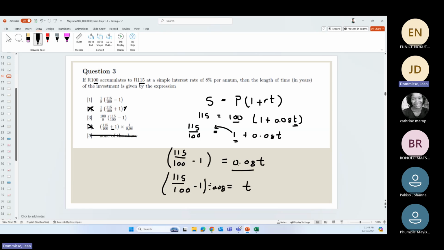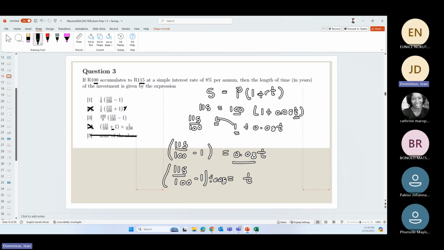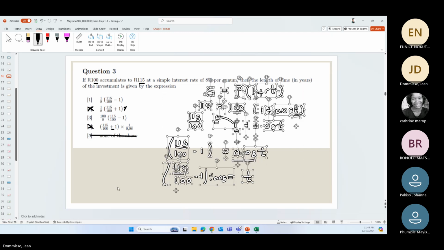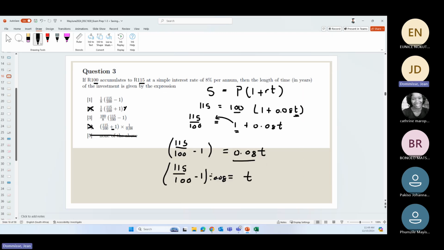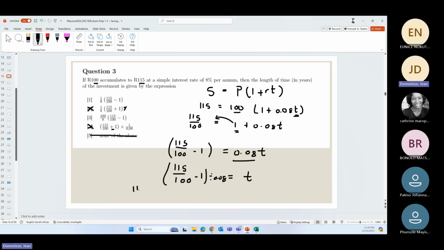Okay, but remember, when we divide by 0.08, we can say that it is equal to what is in the formula, 115 over 100 minus 1, and we swap it around.